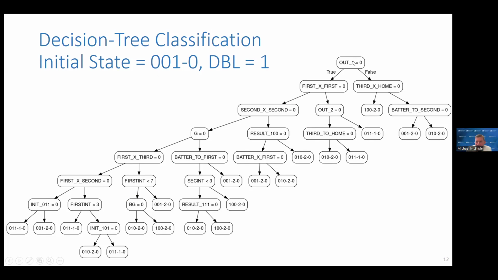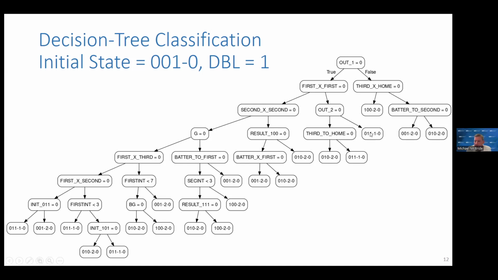And so these nodes in this tree correspond to the different variables we have in the machine learning model. These variables are created using the play description from the Retrosheet data, which is a string of characters. Based on these variables, the model will then trace out through the tree.